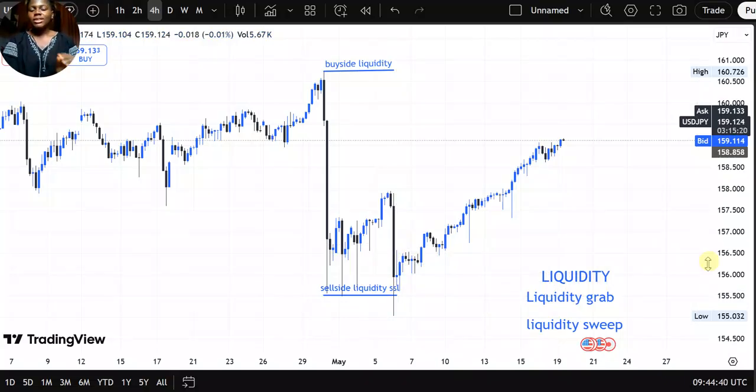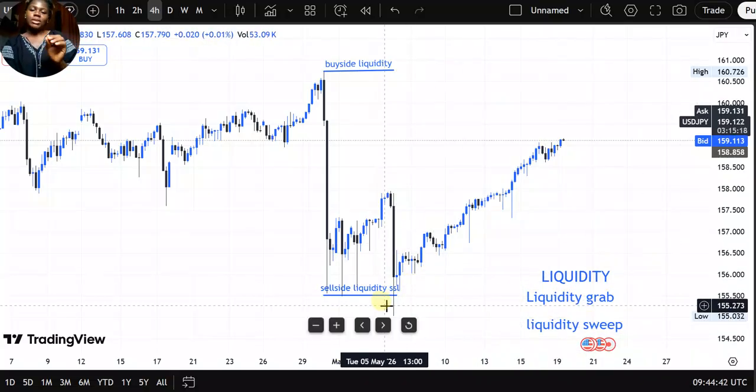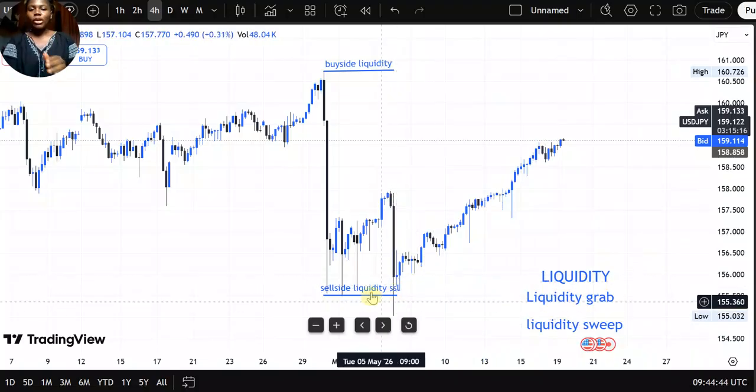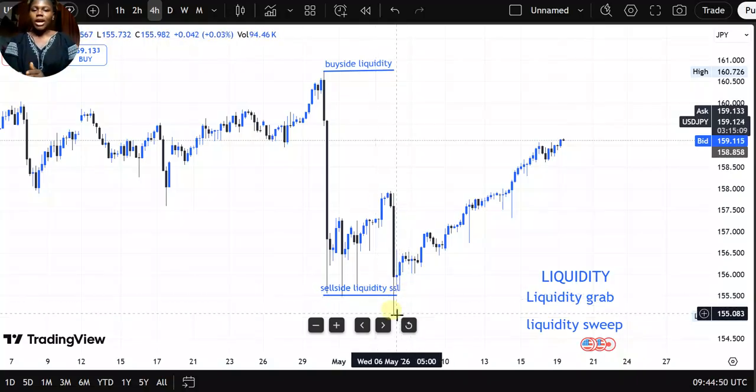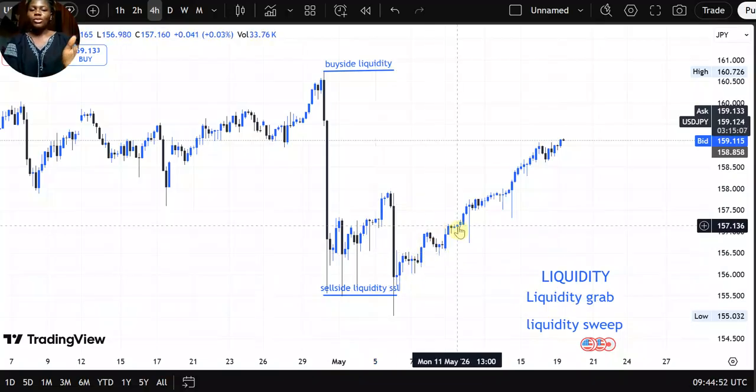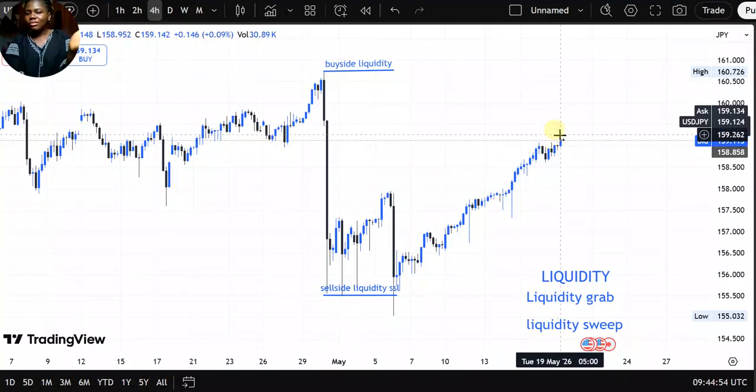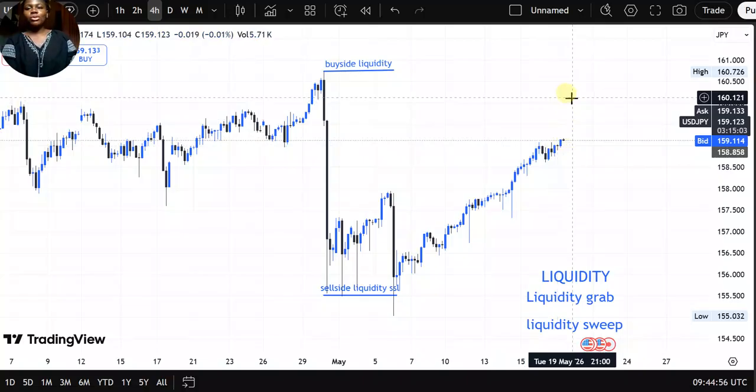So that's literally what liquidity grab is like. You see, it goes below the entire rejection area on the first movement, and then it continues to go gradually, and then here price keeps growing.